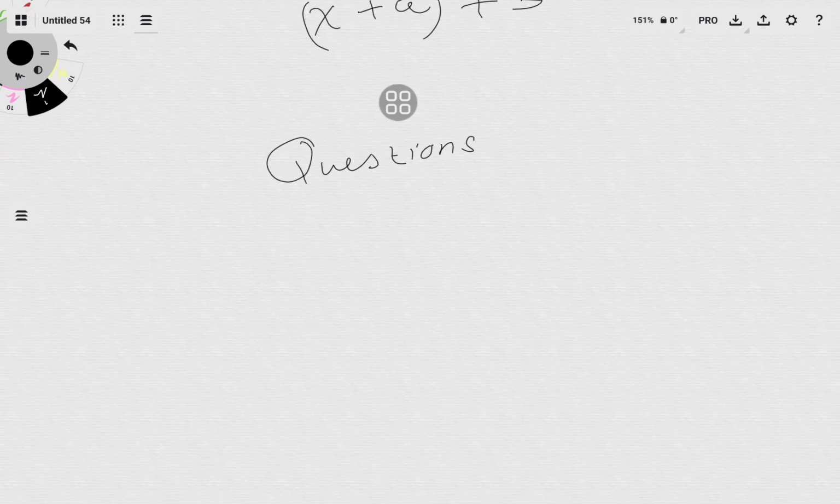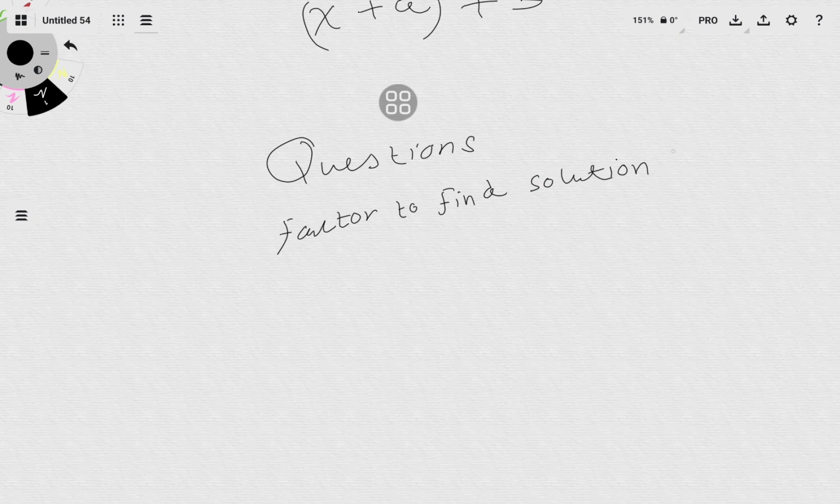We will be asked questions such as having to factor to find the solution, which is related to the discriminant, since there will be two real or two imaginary solutions.